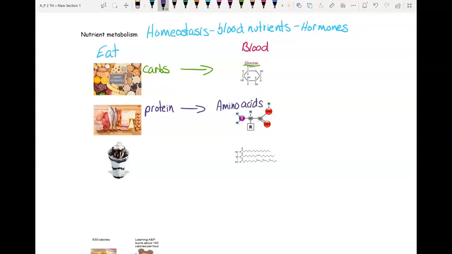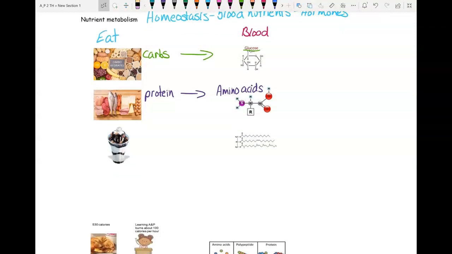The last picture here is my favorite, a peanut butter parfait, all full of fat. And when you eat different types of fat, you get triglycerides in your blood. So when we talk about blood nutrients, we are talking about three things: glucose, amino acids, and triglycerides.